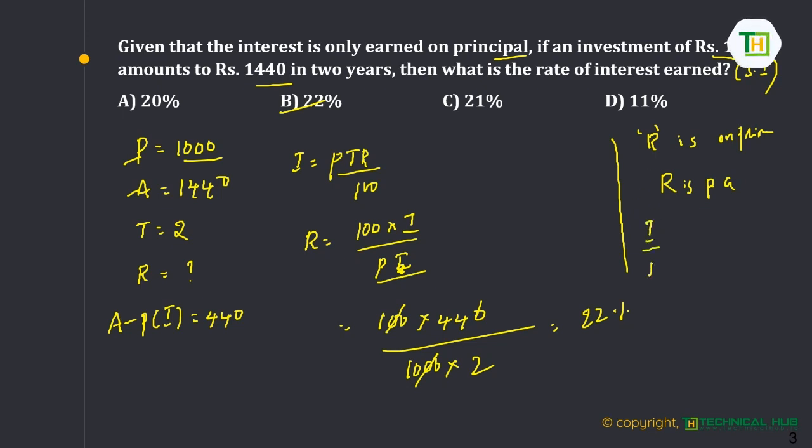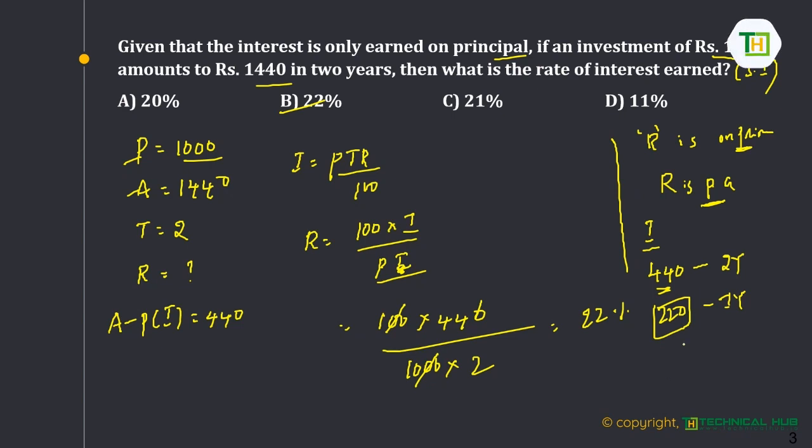Interest is equal to 440 for how many years? 2 years. Rate you have to calculate per year only. So for 2 years, 440 means then what is the 1 year interest here? So 1 year is equal to 220 or not? Because in simple interest, every year interest will be the same.